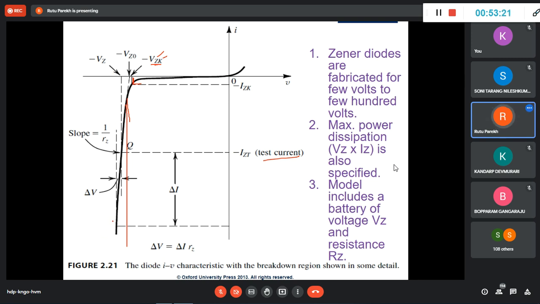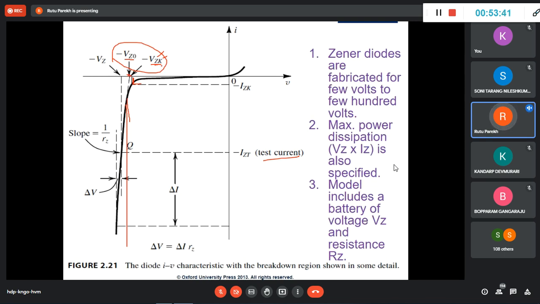Okay, and now you can understand this line is almost linear. So if you draw a linear line, if you want to find out a slope, it will cut this x-axis at this point. Okay, and that is known as VZ0, where this linear line, the slope cuts, and that is VZ0, although VZK and VZ0 are almost the same, but they are still different.